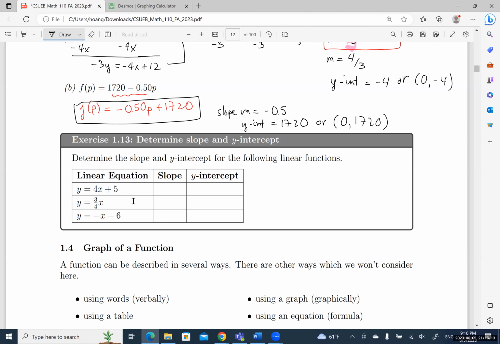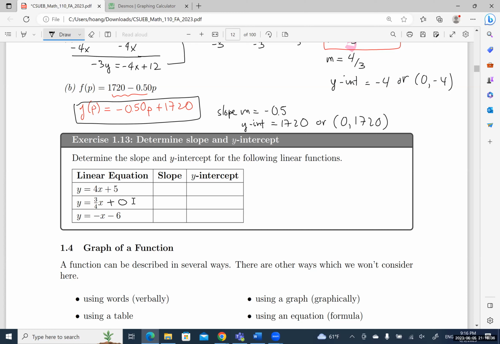Okay. Keep in mind that sometimes if you don't see clearly, for example, y equal to 3/4 x here, you can convert it to be like plus 0. Right? Try to make it exactly like the form, so you can get it.